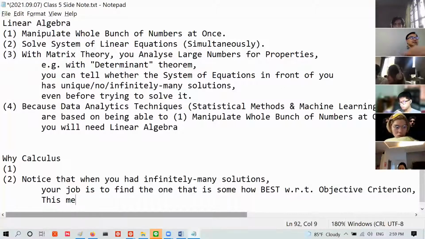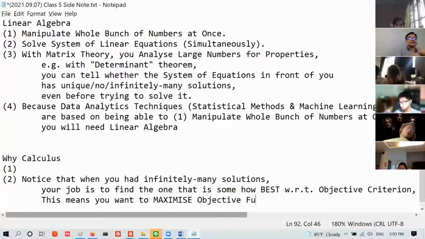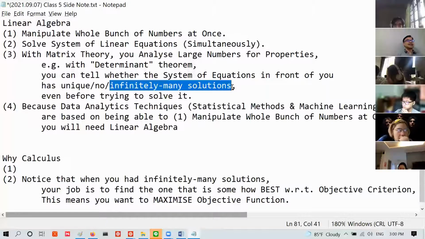This means you want to maximize. So this thing that you saw earlier shows up here as well.